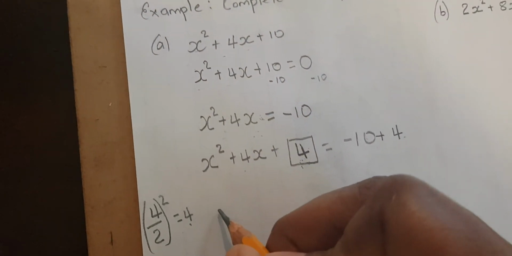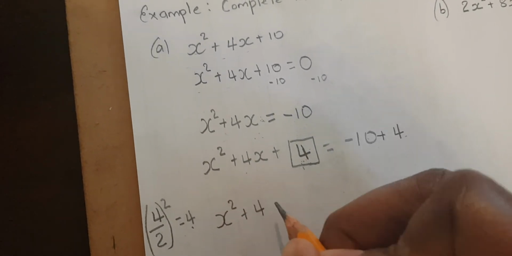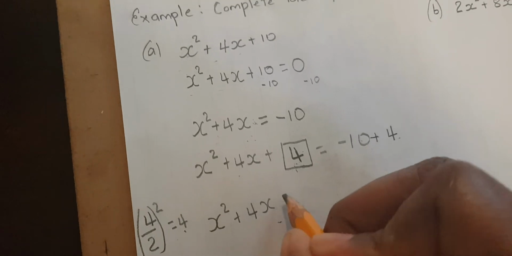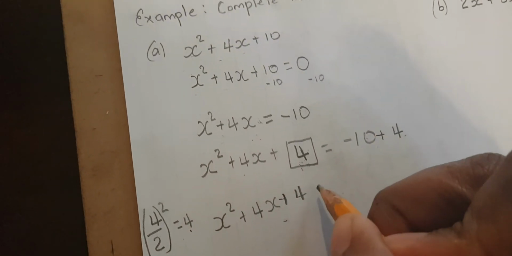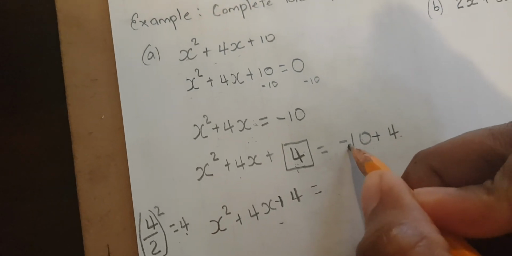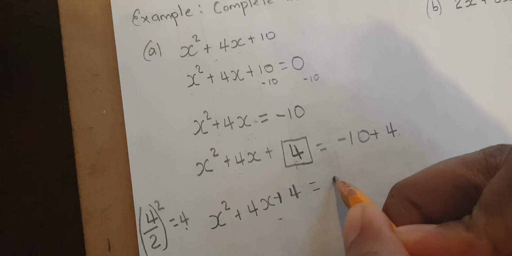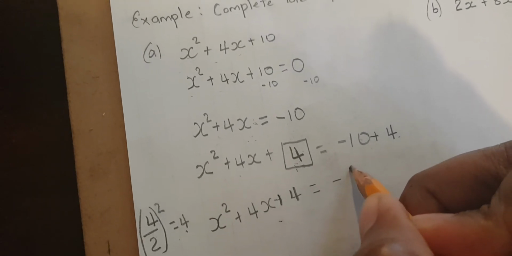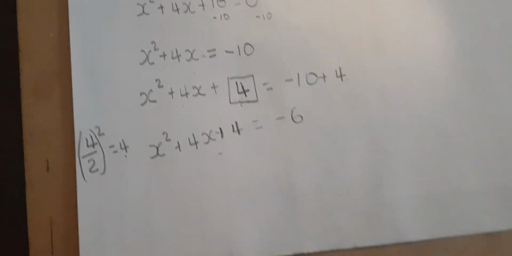So you realize minus 10 plus 4 gives us minus 6. Good?